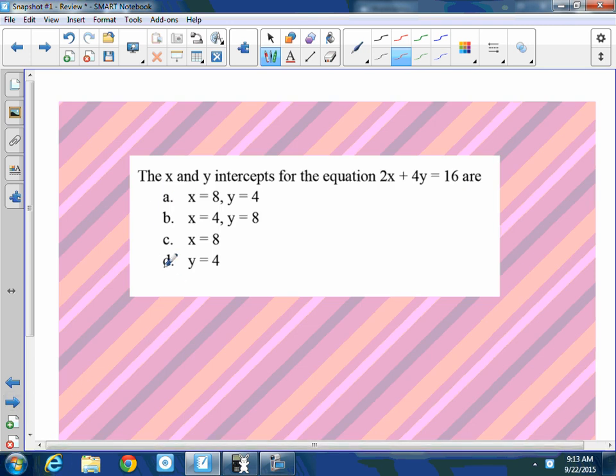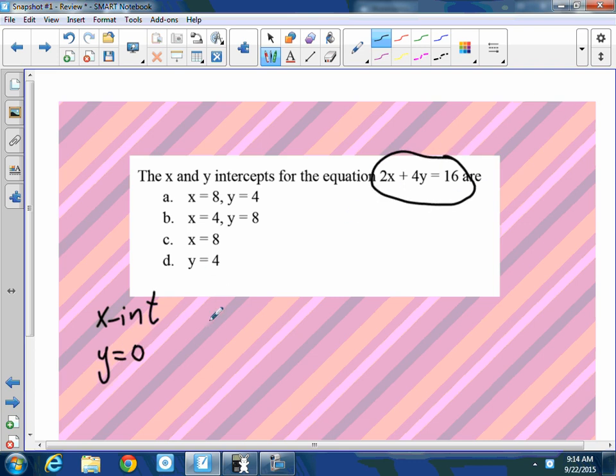Try it out. The x and y intercepts for the equation 2x plus 4y equals 16. So go ahead and try it. Stop the video, try it, and then go for it. Okay, so for my x-intercept, y equals 0. So what I'm going to do is I'm going to come to the equation, and I'm going to plug in a 0 where the y is.